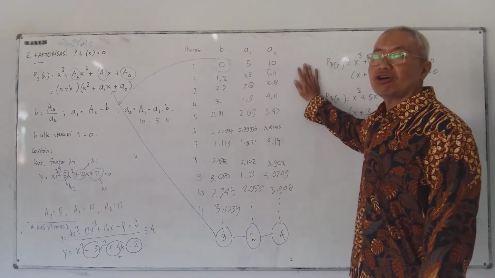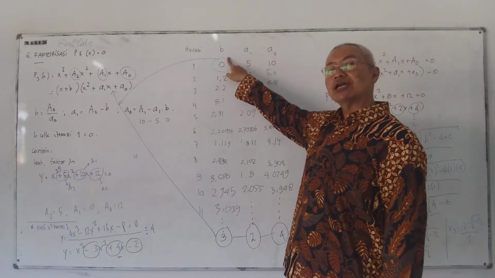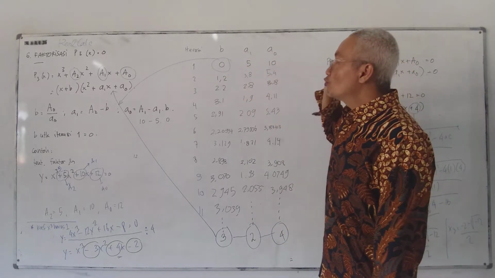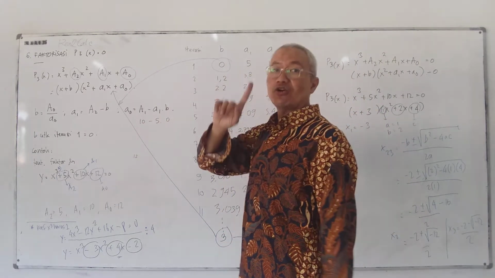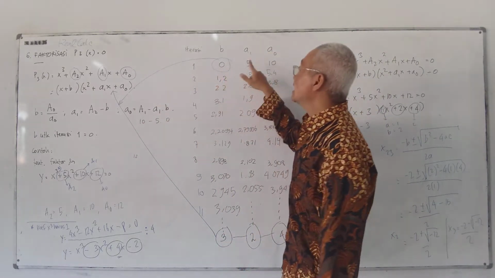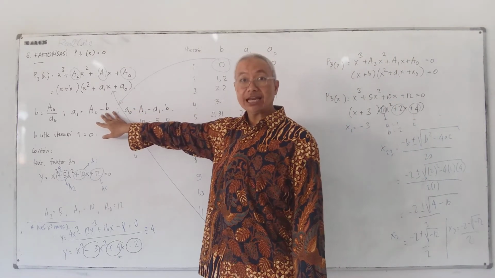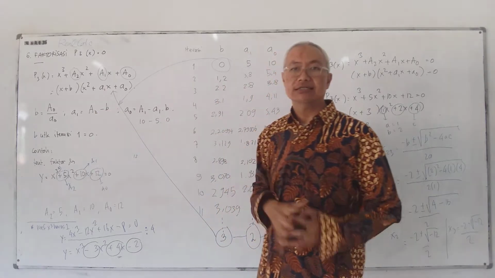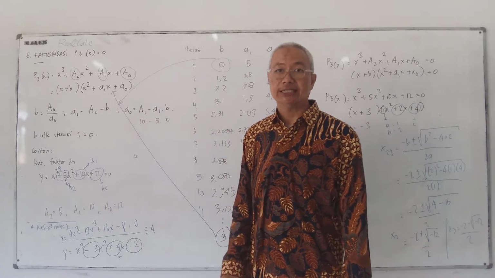then we make a table of iteration. It consists of b, the value we want to get, and then a1 and also a0. We just put the first iteration, the b for the first iteration is 0, and then for a1 and a0 we just calculate using all the values in the equation I have already written.